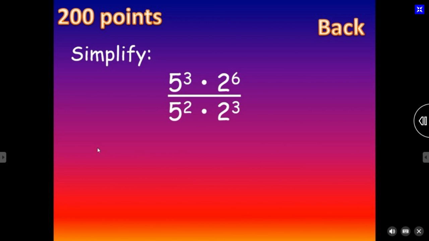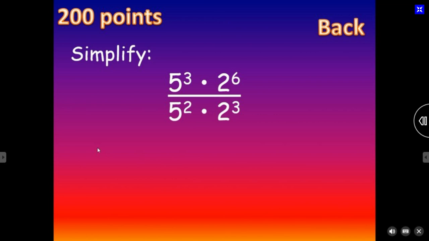Alright, so just 5. 2 to the 6th divided by 2 to the third. What should I do with those exponents? You get 2 to the 3rd. So what is that? Guys, that's going to come again and again, so you might as well learn what it equals. 2 to the third equals 2 times 2 times 2. 8. I have been doing it right. Alright.